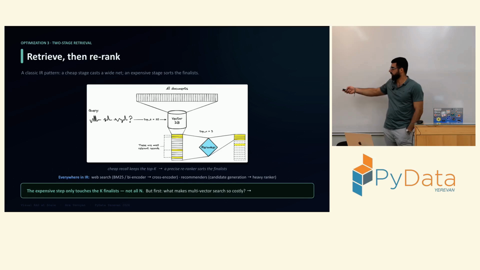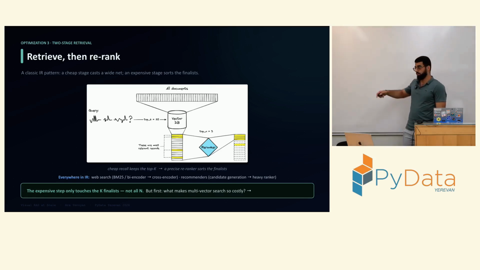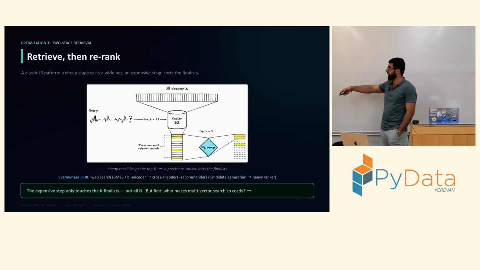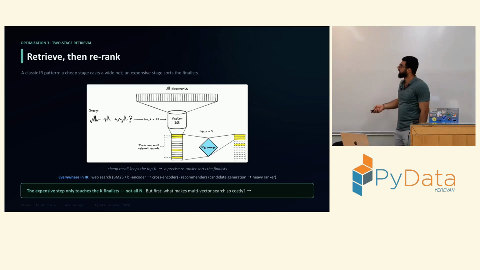For this first stage, we have our pooled vectors, for which we already have the indexed data structure in the vector database, which is much faster compared to constructing this index over the initial set of vectors. So this operation will be much faster.